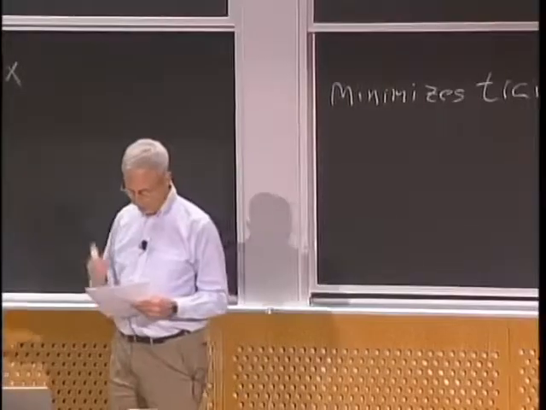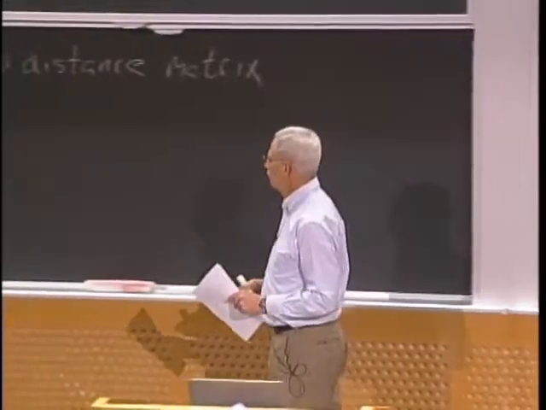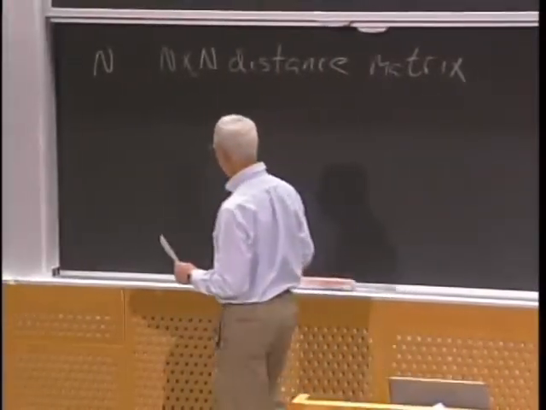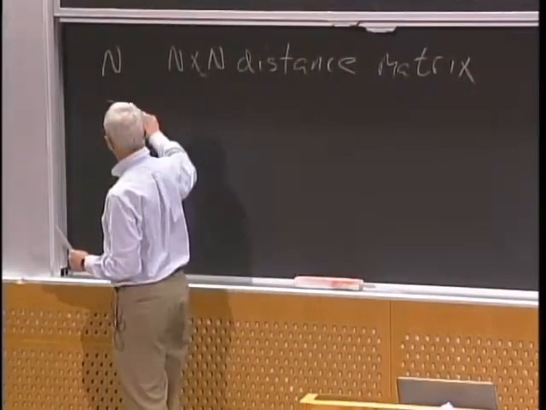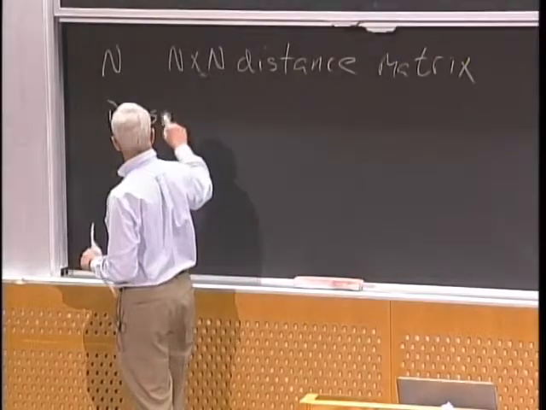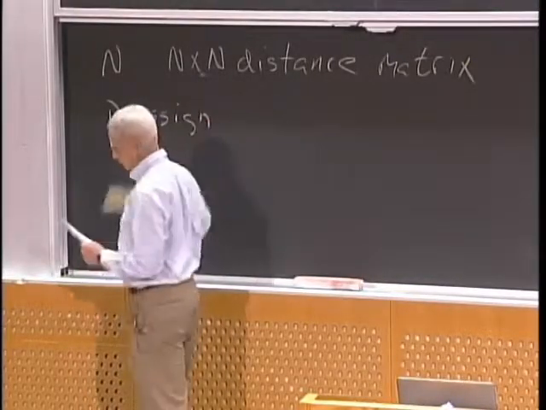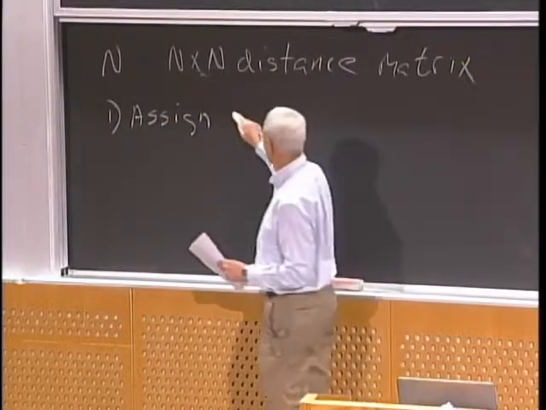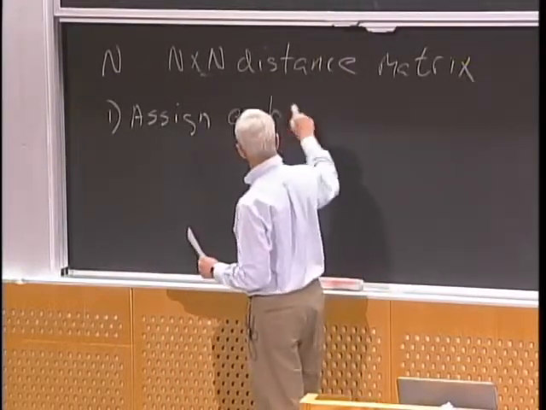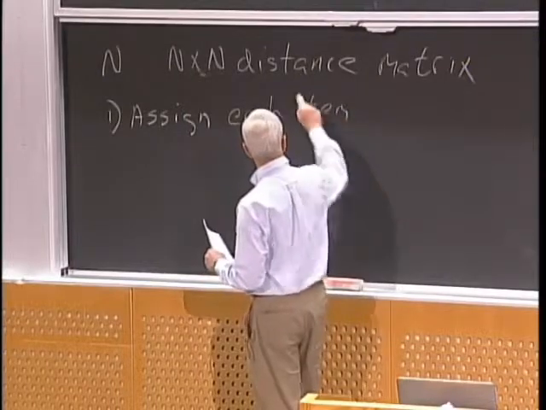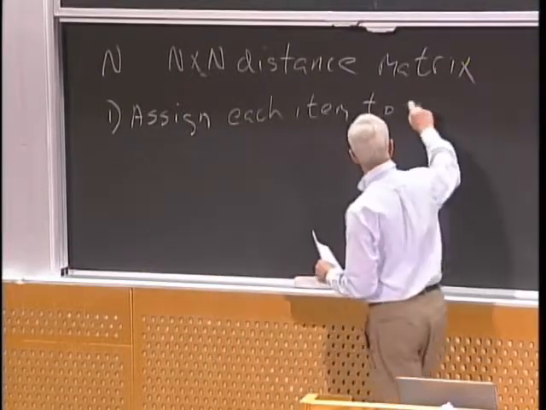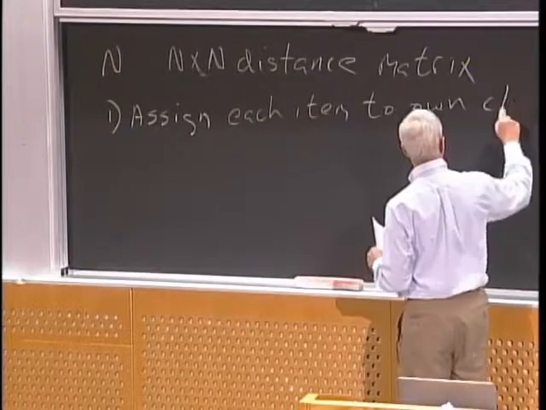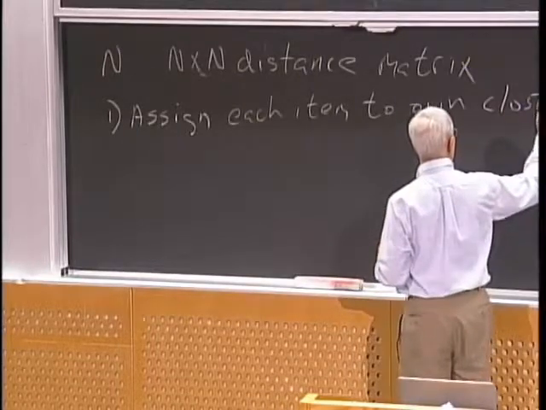Now, let's go through how hierarchical clustering would relate these things to each other. So we start by assigning each item to its own cluster. So if we have n items, we now have n clusters.